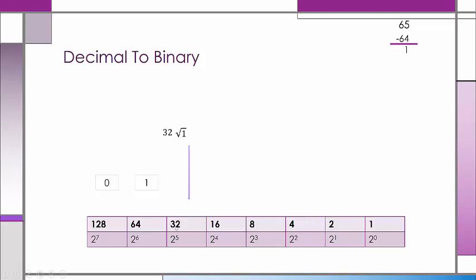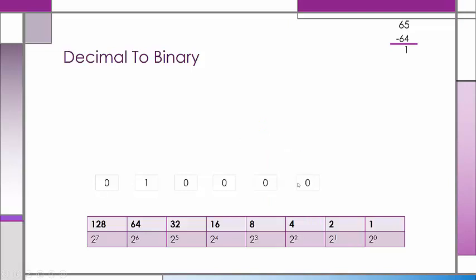So now we look at, does 32 go into 1? Well, no, that doesn't. So we continue on. Does 16 go into 1? No, it doesn't. Does 8 go into 1? Nope. How about 4? Nope.